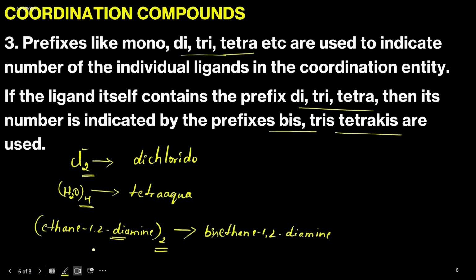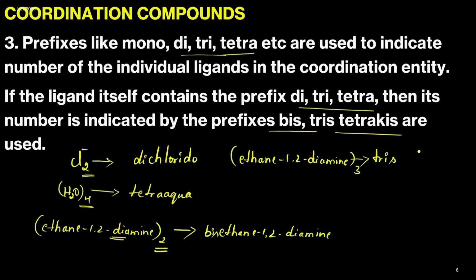This is how we have to name. If you consider 3 ethane-1,2-diamine ligands are present, then it is named as tris(ethane-1,2-diamine). This is how you have to name.